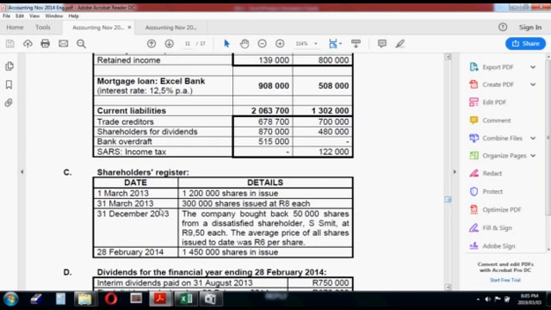So let's first focus on the shareholders register. So 1 March 2013 we had 1.2 million shares in issue, and then on 31 March 2013 300,000 shares were issued at 8 Rand each. So we will receive the 300,000 times 8 Rand, so that's a cash inflow.